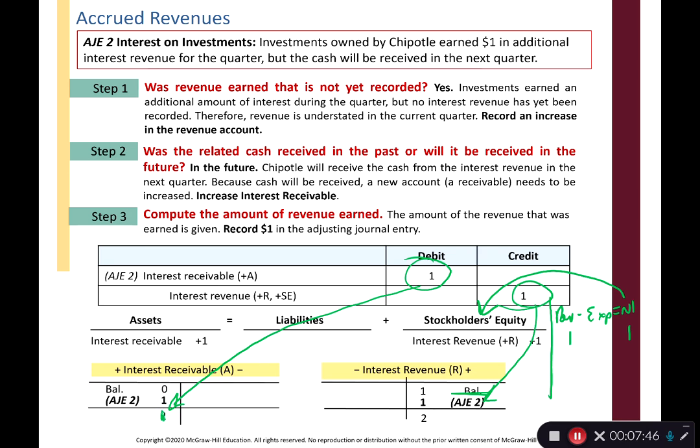So I apologize that I didn't see that earlier. So the ending balance on that would be 1. Interest revenue, on the other hand, started with 1 as a balance. So when we add another 1, we do end up with a correct balance of 2 at the end. So again, the whole point of our adjusting entries is to fix the balances and make them correct at the end of the period.